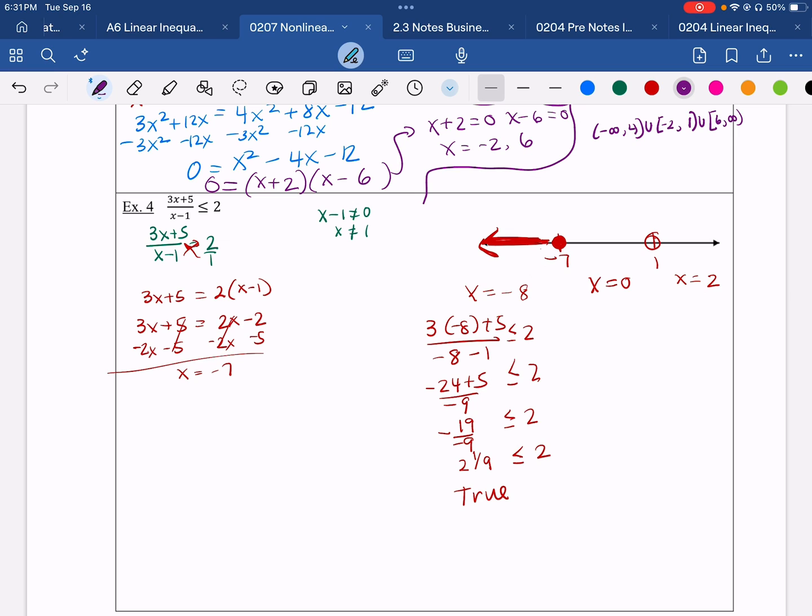X equals 0. That's going to be 0 plus 5 because the 3 has an x in it, and 0 minus 1. Is that less than or equal to 2? That's going to be negative 5, because it's 5 over negative 1. And is negative 5... Oh, shoot. I have a mistake, you guys. Is 2 and 1/9 less than 2?